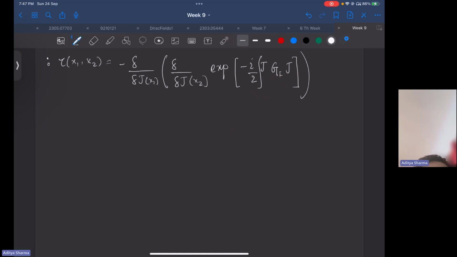Okay. This minus sign comes from 1 by i square. So this is equal to minus of, so exponential differentiation will give you exponential itself.